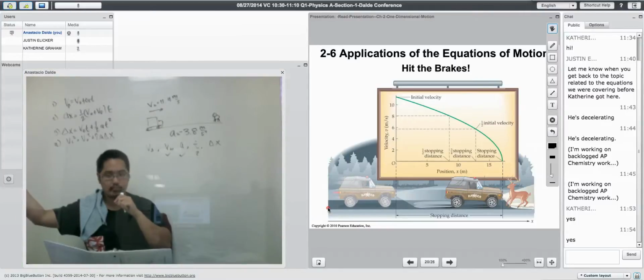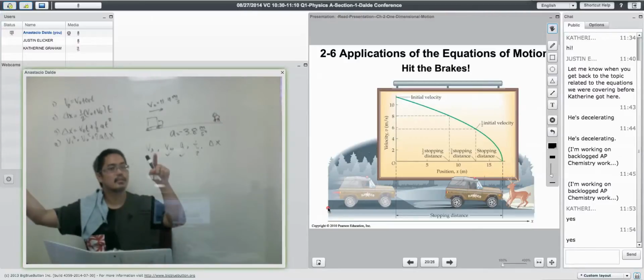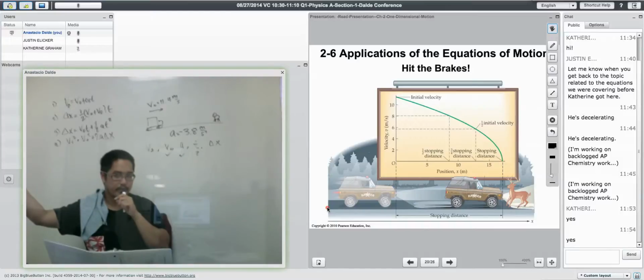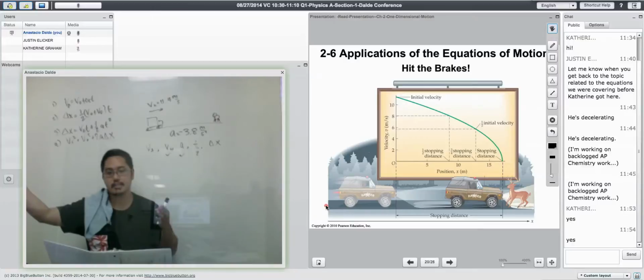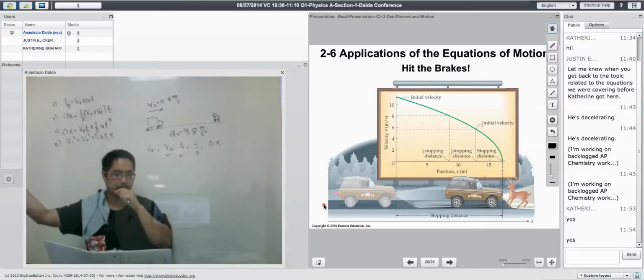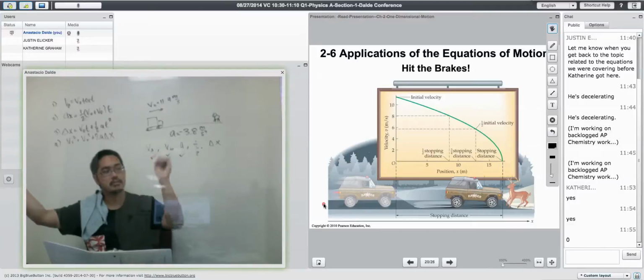Nope, I totally do know it. I'm applying the same scenario, I'm just asking how long does it take for me to stop. So what is my v final? It's 0, because I stopped.